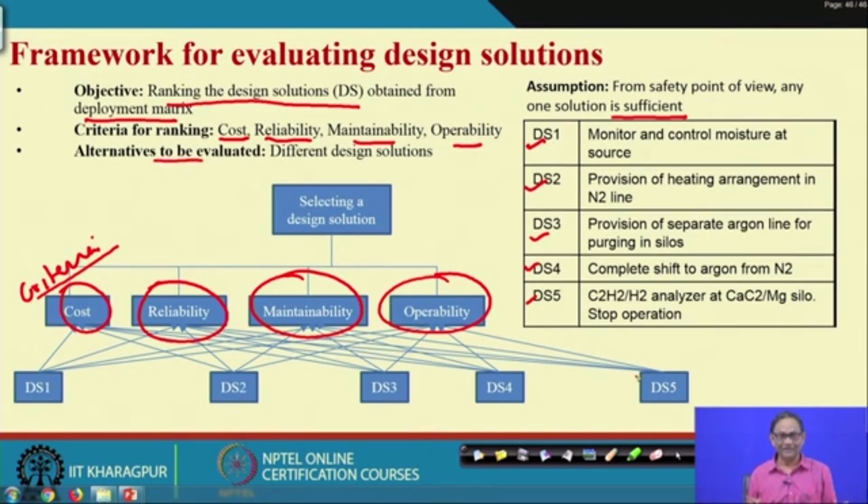So, what is the framework if you want to use AHP? There will be a set of design solutions, which are basically a set of alternatives. Then there will be a set of criteria based on which the alternatives will be evaluated, and your ultimate goal is to select the best alternative. That is our framework. Now, let us see how we will select the best alternative given several alternatives.